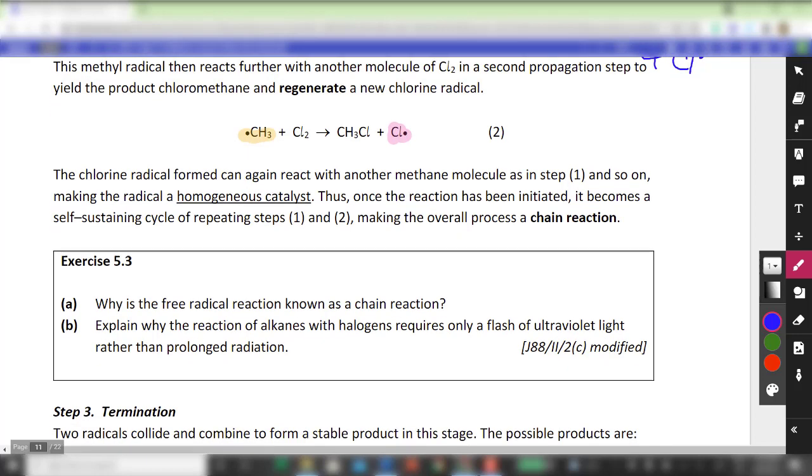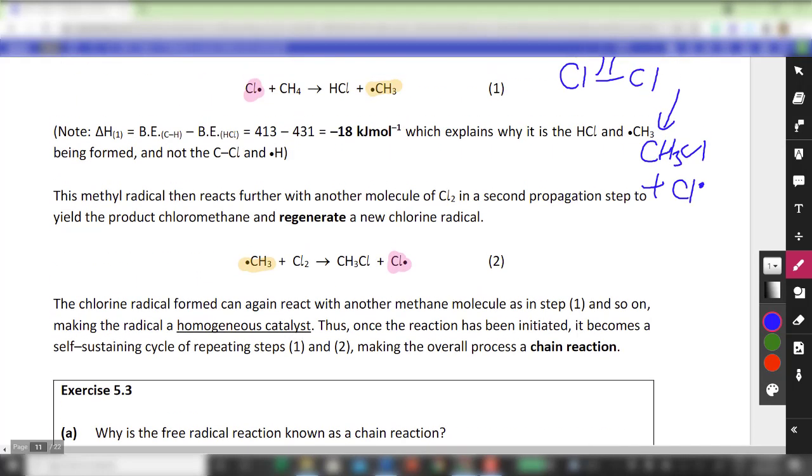Okay, and then explain why the reaction of alkanes with halogens requires only a flash of UV light. I think I've briefly mentioned that. The chain propagation reaction is actually self-sustaining, because as we mentioned, for every 2 steps, a chlorine radical will be regenerated, and then it will continue to react with more alkane, and in the process, it will generate more chlorine radical.